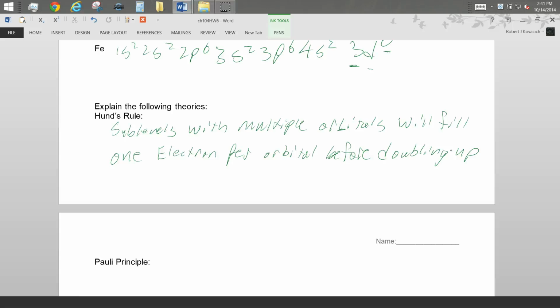And the reasoning behind that is, if I'm in a sublevel with multiple orbitals, every single one of those orbitals has the same amount of energy. And so the electrons push each other away, one in each orbital.